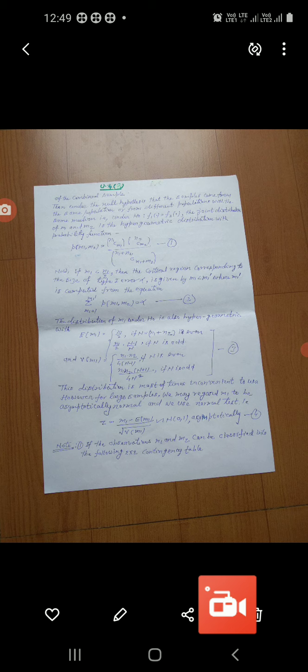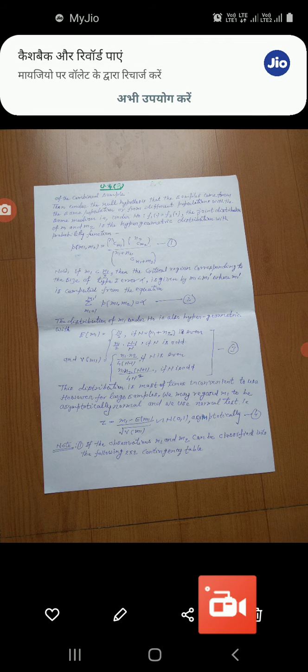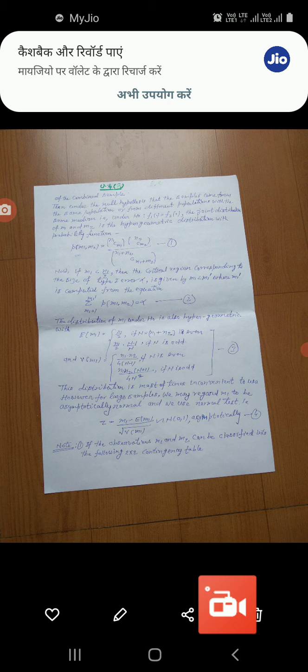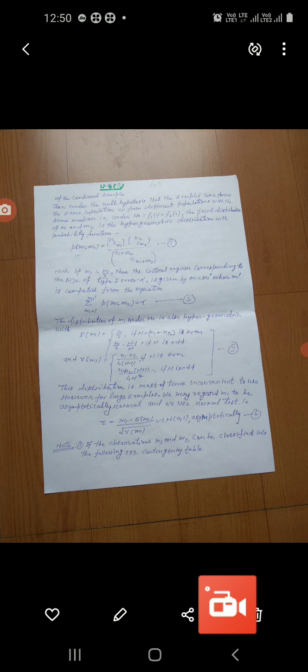Now the distribution of m1, that is the number of x's under H naught, also follows hypergeometric distribution with expectation of m1 equal to n1 upon 2 if capital N equal to small n1 plus n2 is even, and expectation of m1 equal to n1 by 2 into (capital N minus 1) upon capital N if capital N is odd.